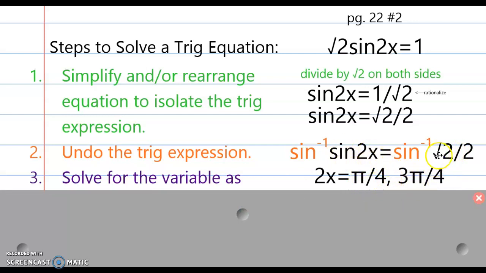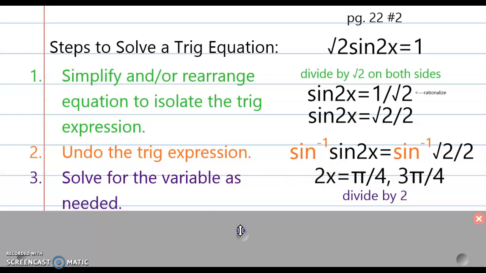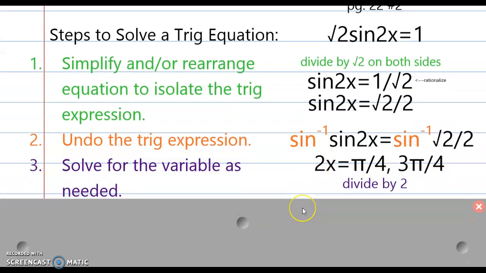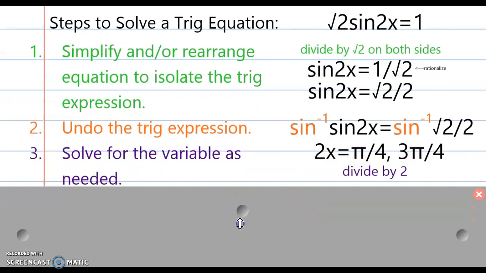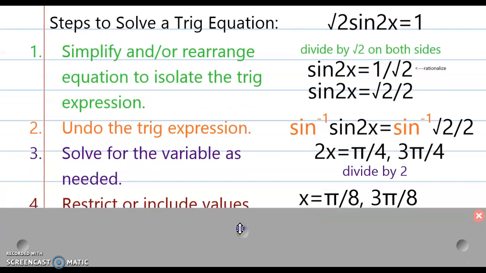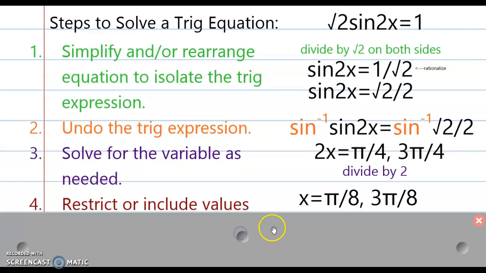That's where the sine is equal to square root of 2 over 2. What that did is undo the trig expression, leaving us just with the 2x. So our last step is to solve for that variable if it's not already by itself. So we divide both sides by 2, which gives us an answer of pi over 8 and 3 pi over 8.